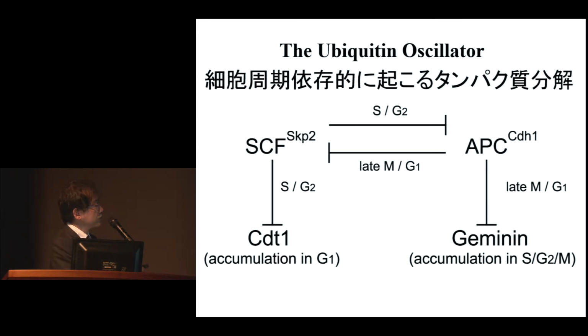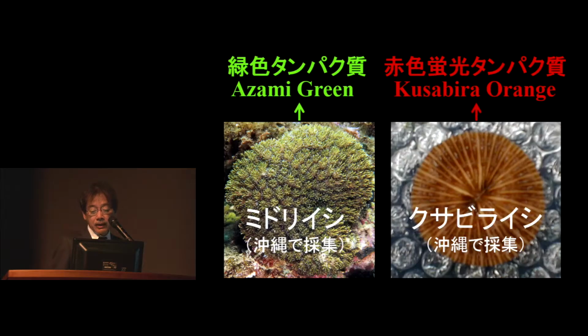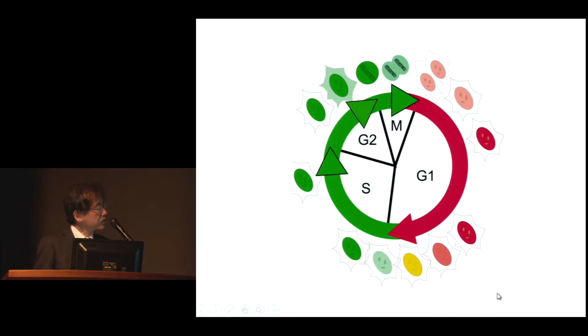These two E3 ligase activities oscillate reciprocally during the cell cycle. Their substrates include Cdt1 and geminin, and these two protein levels also oscillate reciprocally. We used the ubiquitination domains of these proteins plus our own green and red proteins to create the cell cycle probe, which labels individual nuclei in G1 phase red and those in S/G2/M phase green.